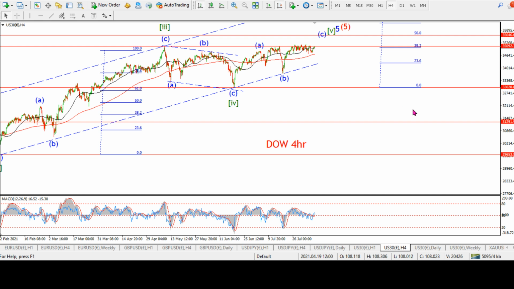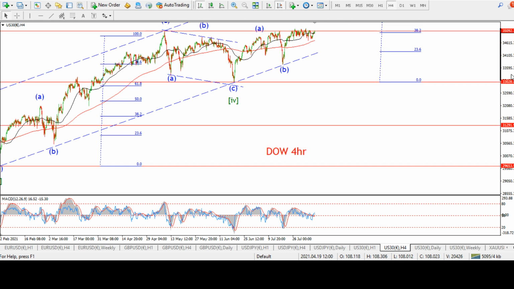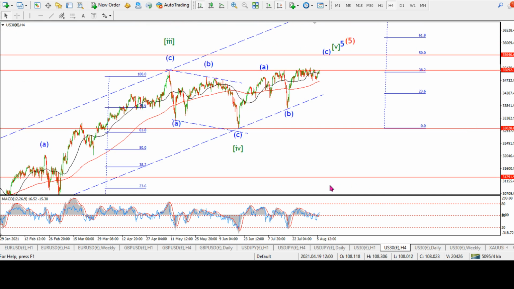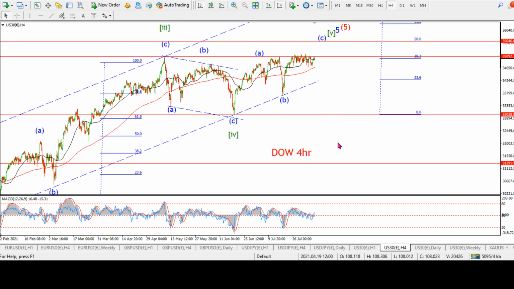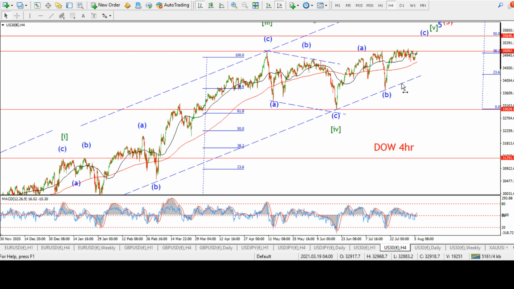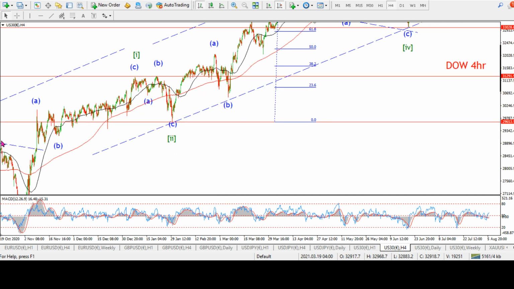The Dow. So this is the Dow 4-hour. Let's expand it up here a little bit. Now, I'm going to run through the fib relationships that I am working with here in the 4-hour count. What I'm tracking is 3 waves up in wave 1.